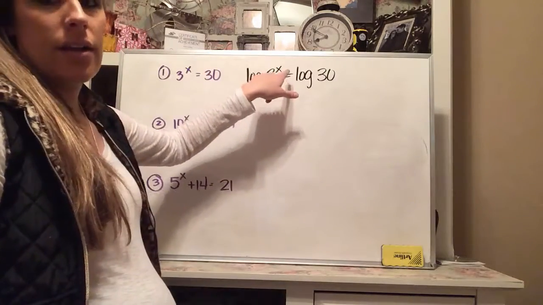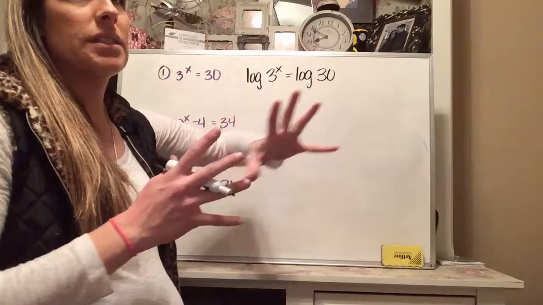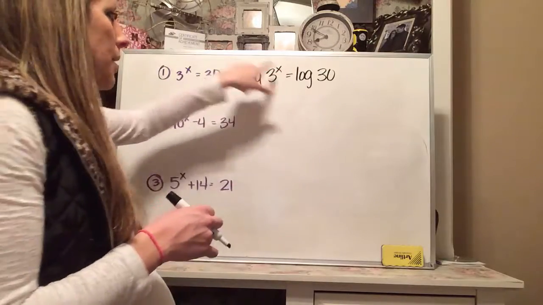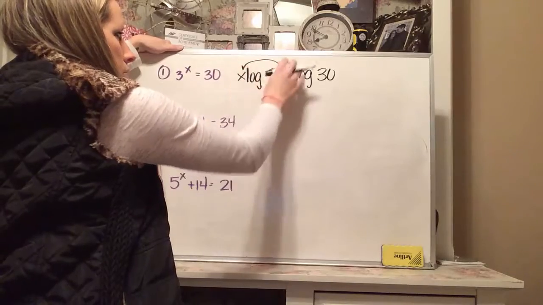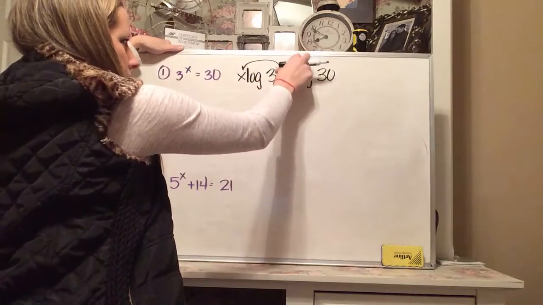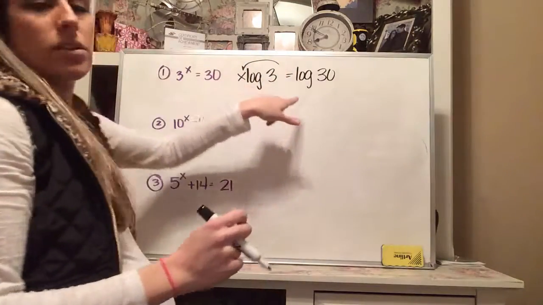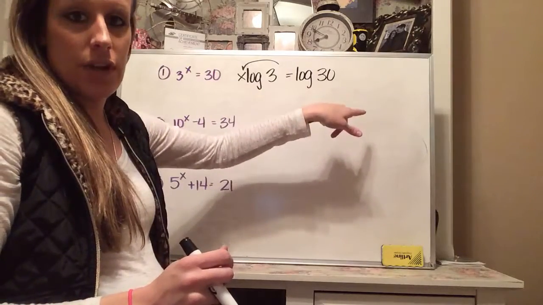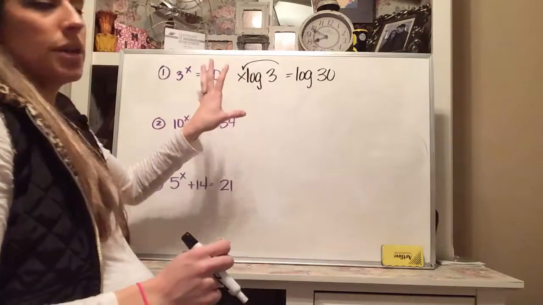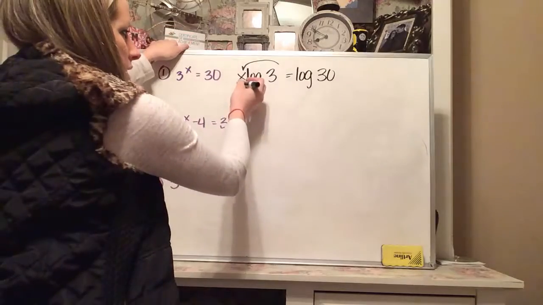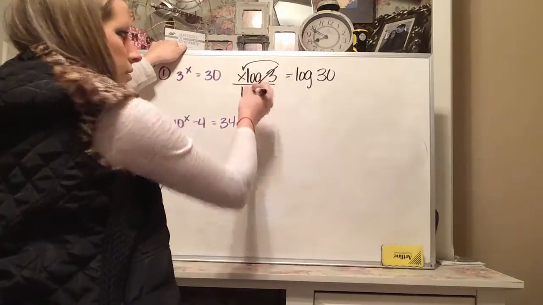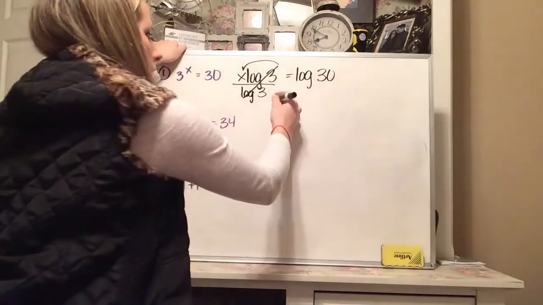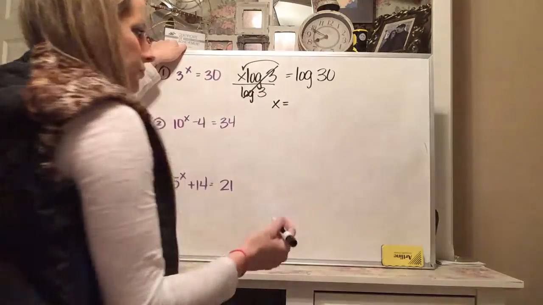I'm going to expand it in a way, so my power would go in front. So I have x log of 3 equals log of 30. If I want to get x by itself, I'm going to divide by the log of 3. Then they cancel and my x is by itself.